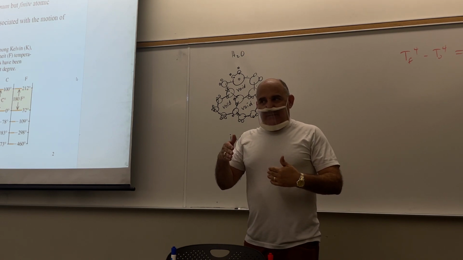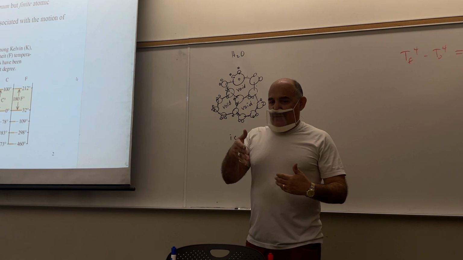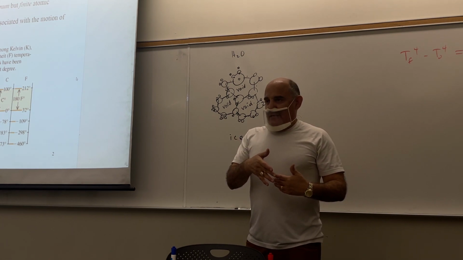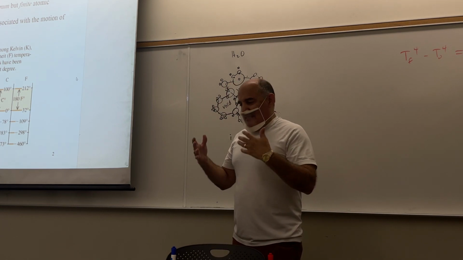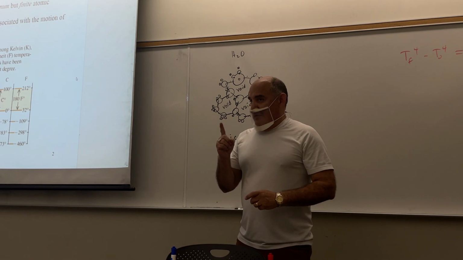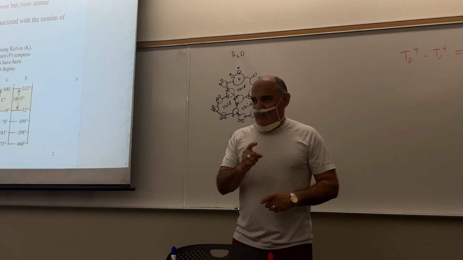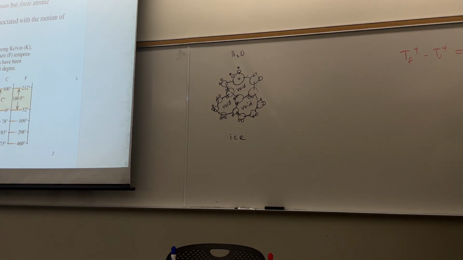I want to impress on you the fact that even at 0 Kelvin, they still jiggle. Molecular motion does not stop. So it's minimum and finite, not minimum and 0.